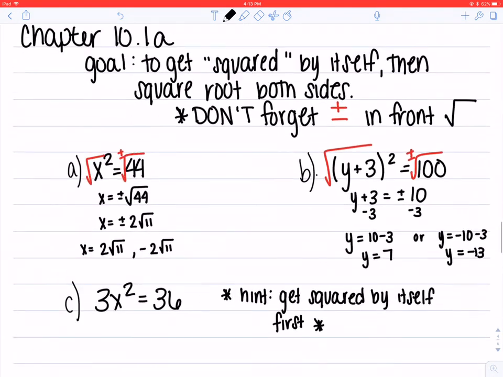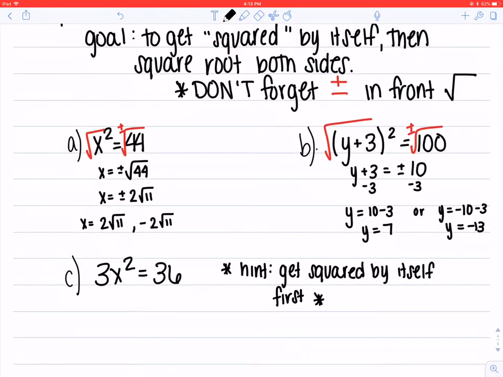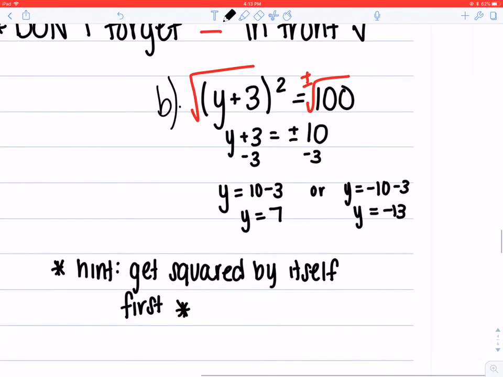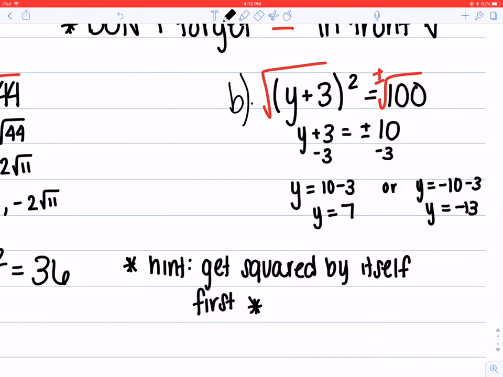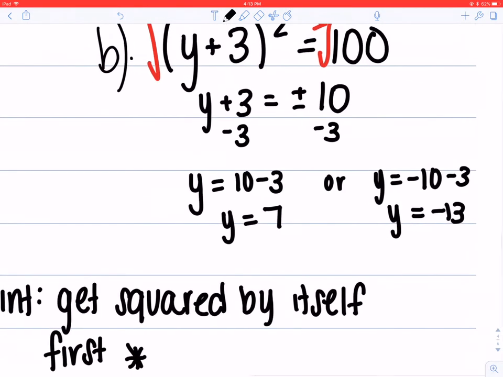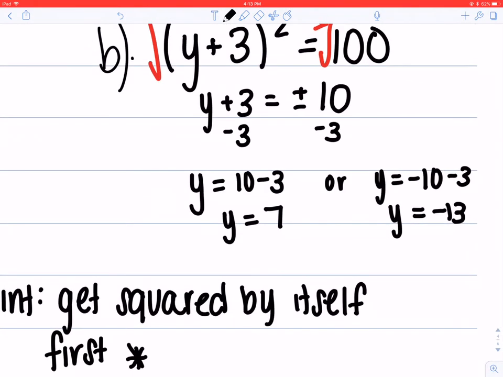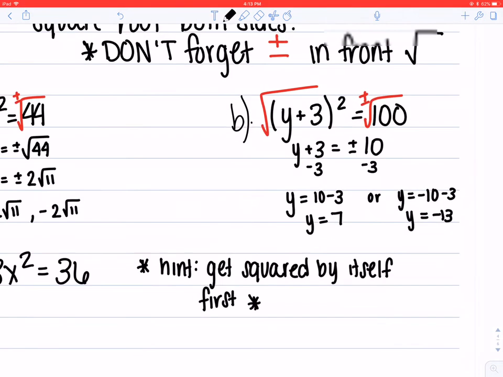Now notice the difference here between A and B. In A, I didn't really have to do any combining because I didn't have any like terms. I only had the square root of 11. Over here, because that square root simplified and I had 10, that's why I have these 2 completely separate answers that don't look very similar at all.